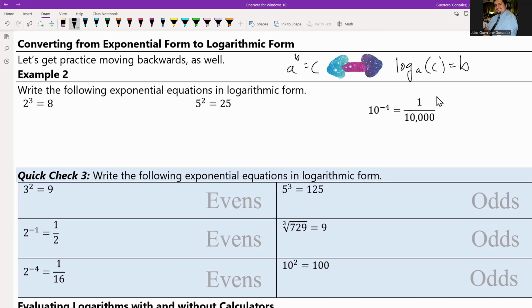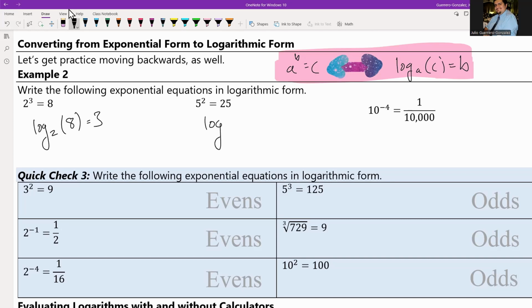This is our boomstick. In this case, I have the left-hand side and I want to turn it into the right-hand side. So the equivalent for this one would be log base 2 of 8 is equal to 3. The other way that people tend to remember this is that the logarithm gives you back the exponent given a certain base. Okay, next one.